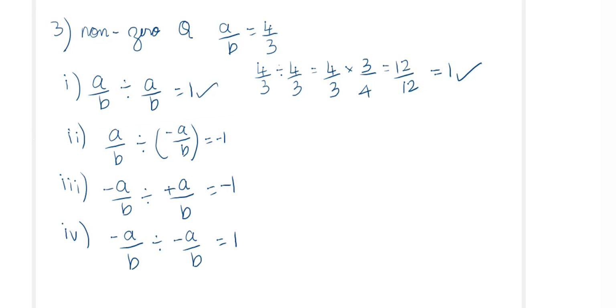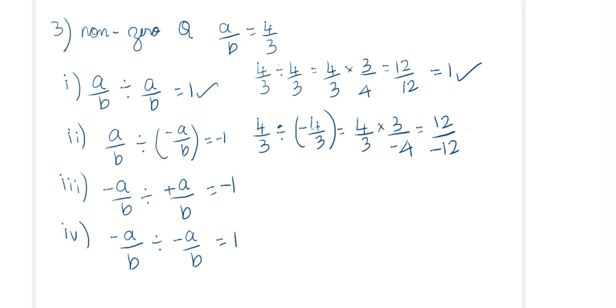Now we'll do the next one, 4 by 3 divided by minus 4 by 3. So this is equal to 4 by 3 into 3 by minus 4. So this is equal to 12 by minus 12, which is again equal to minus 1. So here also we get the same answer.